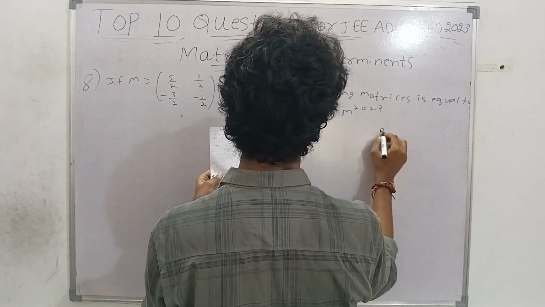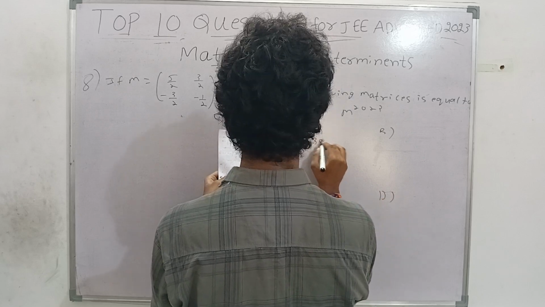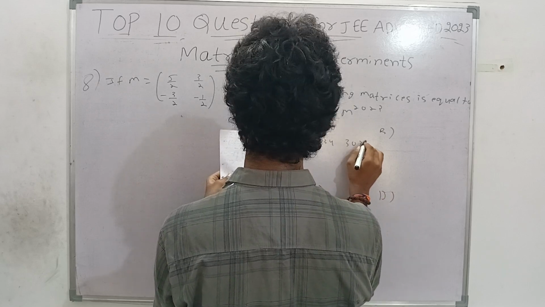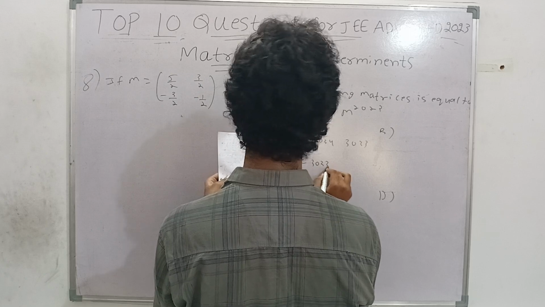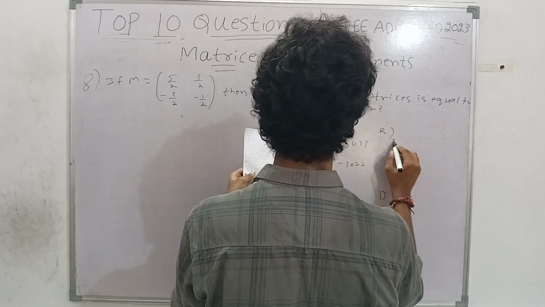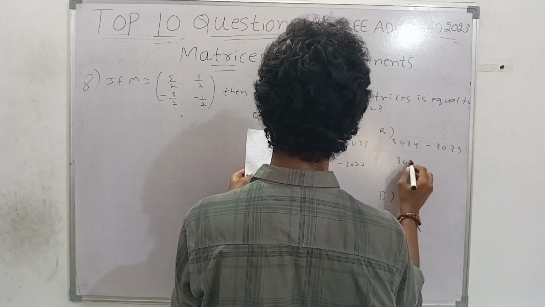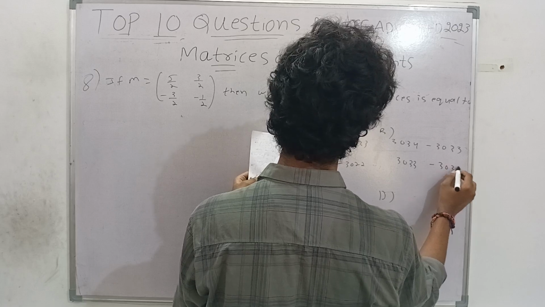This question came in my JEE Advanced paper. Options are A, B, C, D. Option A is 3034, 3033, minus 3033, minus 3032. Option B is 3034, minus 3033, 3033, minus 3032.